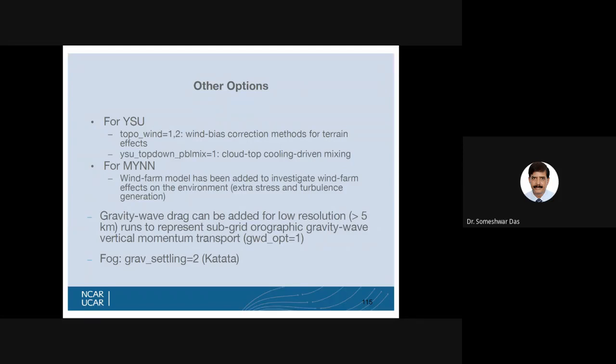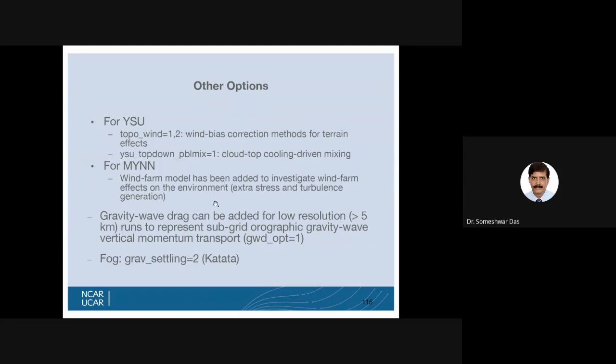If you are simulating fog, then you can also set this parameter grav settling as 2, proposed by Katata. So there are different options available in the PBL for different purposes, like simulating the effects of flow over mountain terrain, including the effects of gravity wave drag, and also investigating the effects of wind mills or wind farms on the environment.